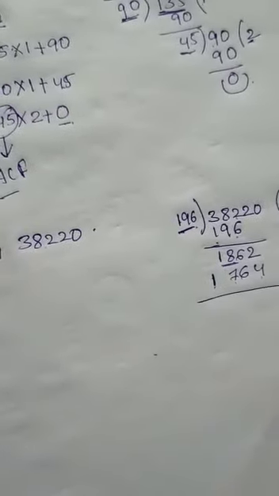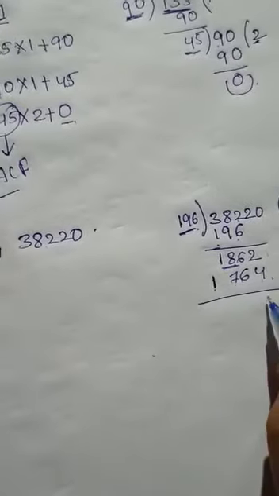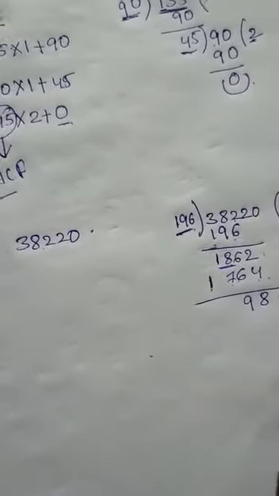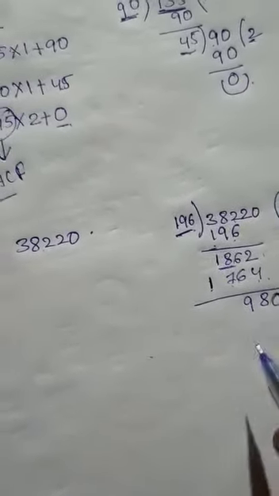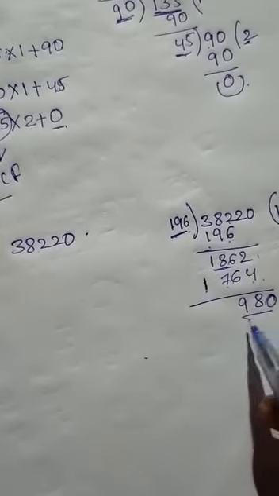Subtract these two values, we get 196. 0 is brought down, we have 980.